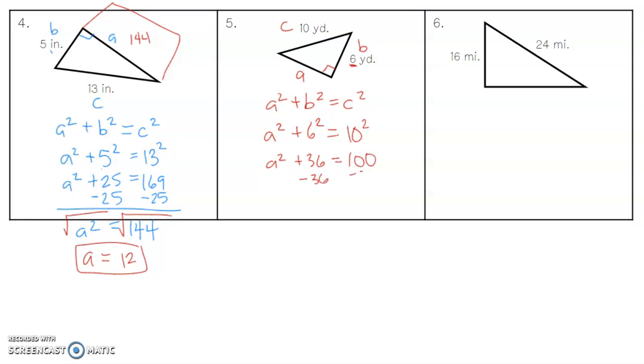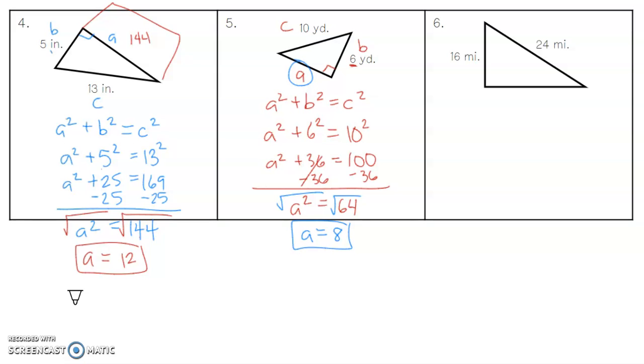And again, if you are not comfortable with those squares, you go into Desmos, do 6 squared. Okay, we need to subtract so we get A squared alone. Then you take the square root. Okay, so A, because remember, we just want the side length, not the area, would be 8.